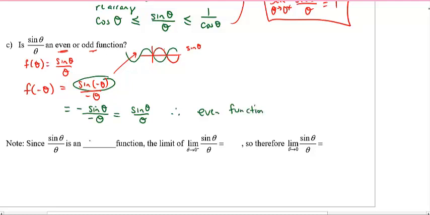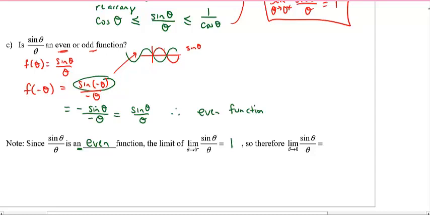So since this is an even function, see, I gave you a hint here, then of course the limit as theta approaches 0 from the left of the function will be the same as from the right, because it's a reflection in the y-axis. And if that is equal to 1, then the limit as theta approaches 0 from the left must also equal 1.